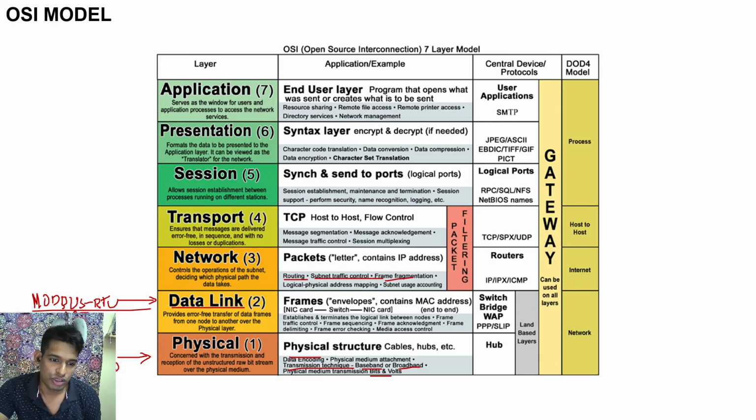And it will also use some other address in addition to the data link address. It will use a network level address like an IP address. So that is the distinction between a MAC address and an IP address. The MAC address is a data link address, and the IP address is a network level address.